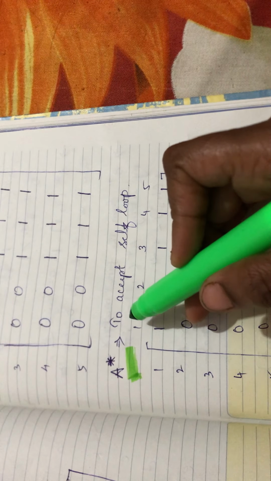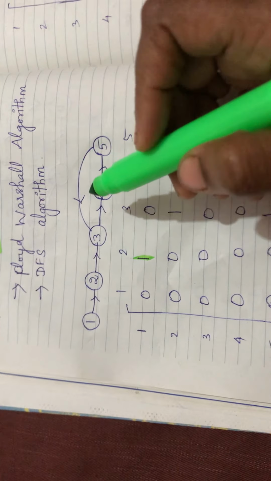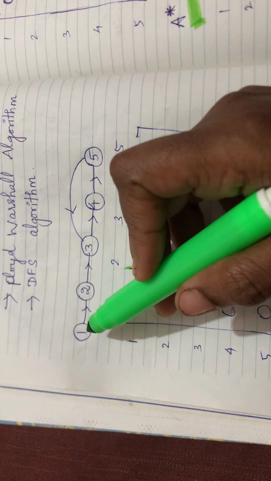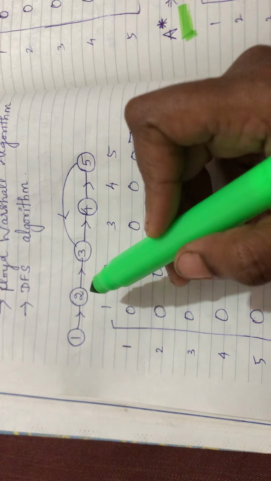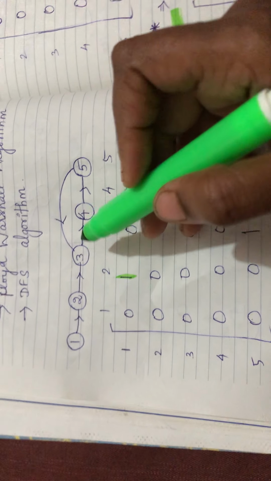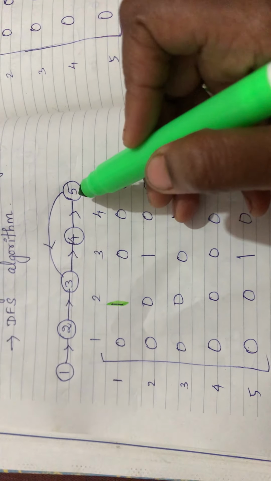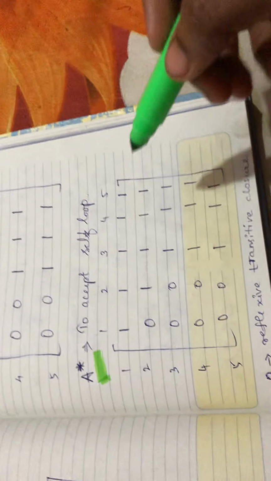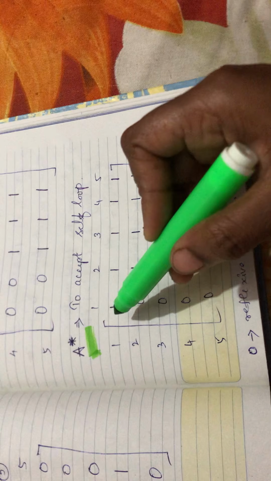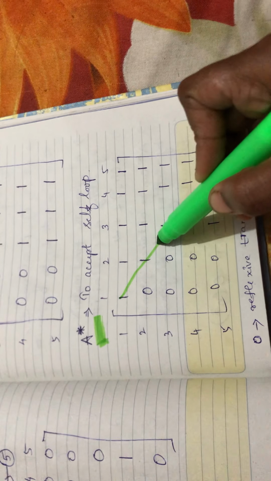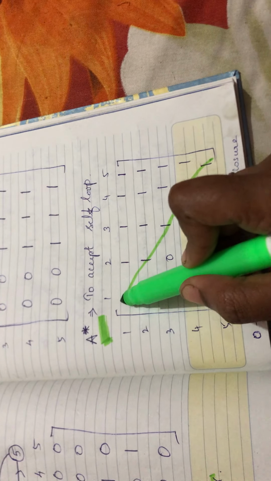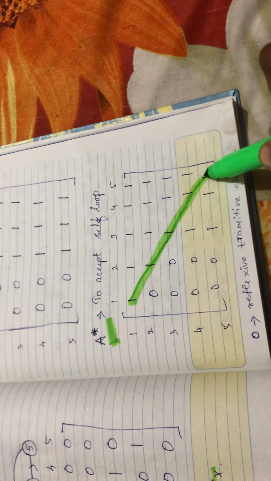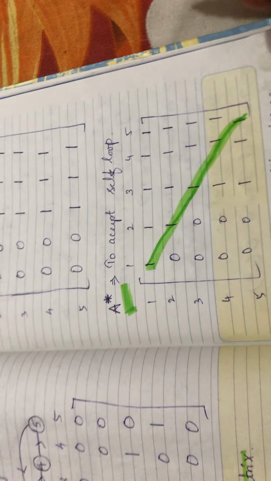Here 1 comma 1 means self loop. In this diagram there is no self loop, but if I comma I is applicable, that is also 1. 1 comma 1 is 1, 2 comma 2 is 1, 3 comma 3 is 1, 4 comma 4 is 1, 5 comma 5 is 1. So here we put 1 in the entire diagonal.